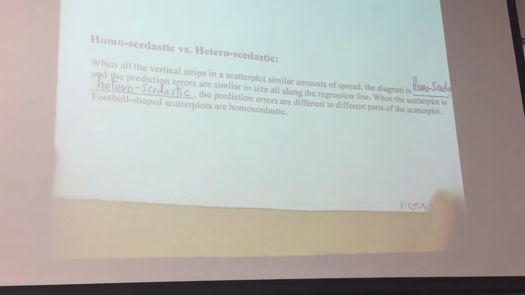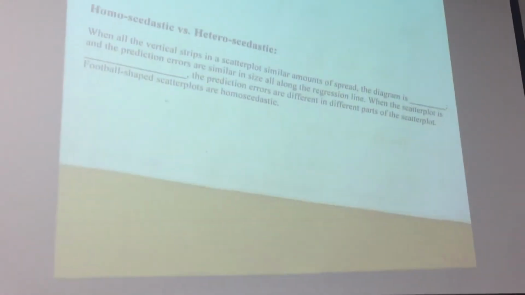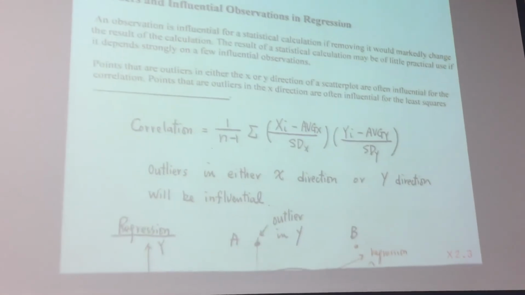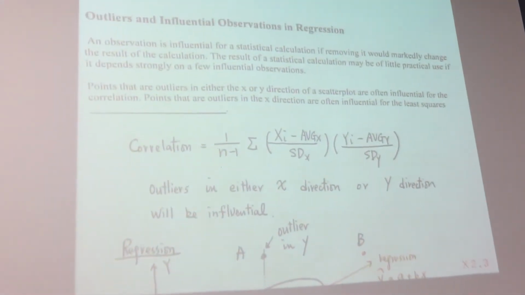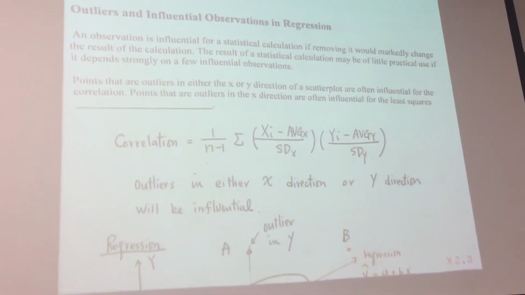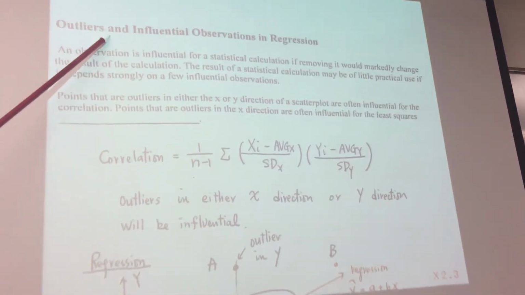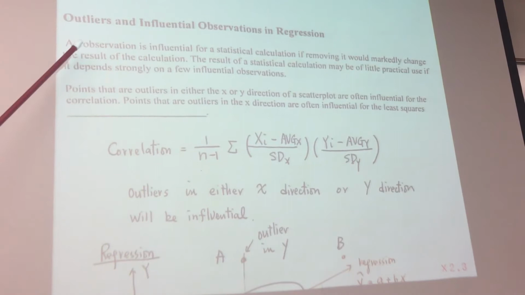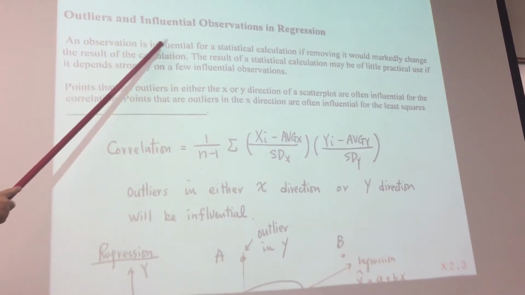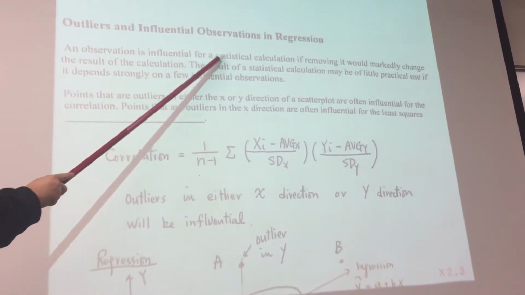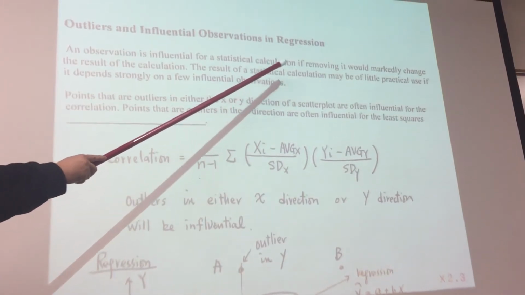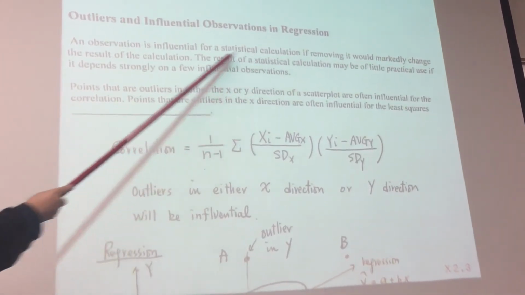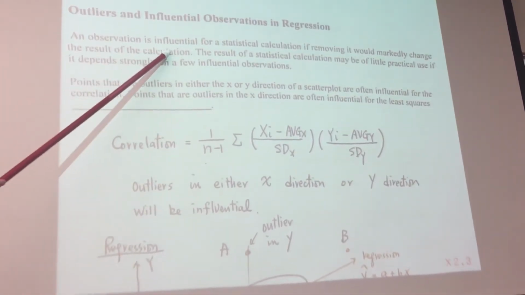Now let's flip to the next page and read through the paragraph. Outliers and influential observations in regression. An observation is influential for a statistical calculation if removing it will markedly change the results of the calculation.